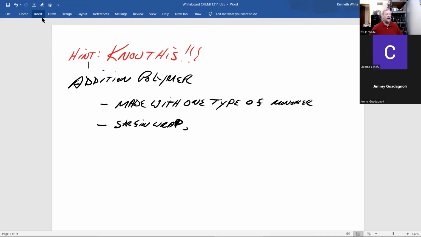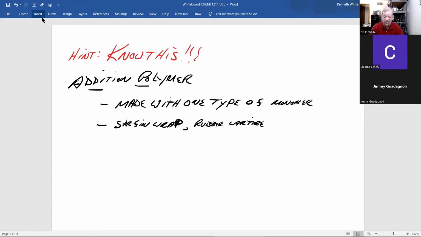Another example that you should know of an addition polymer, which is a polymer made with one type of monomer, is rubber. An example of that would be rubber car tires. The rubber in your car tire is an addition polymer. It's made of one unit that's connected together over and over again.